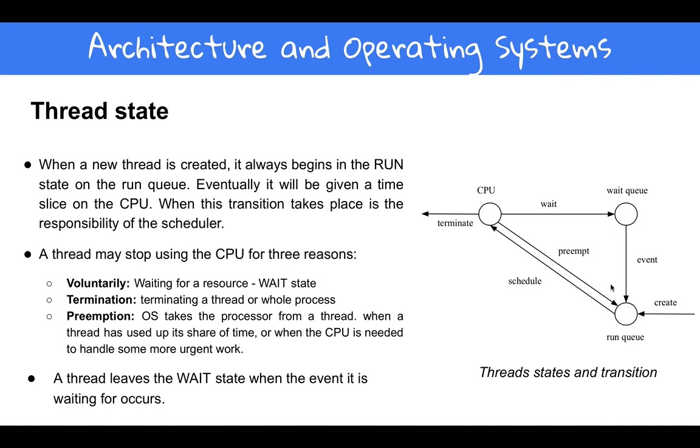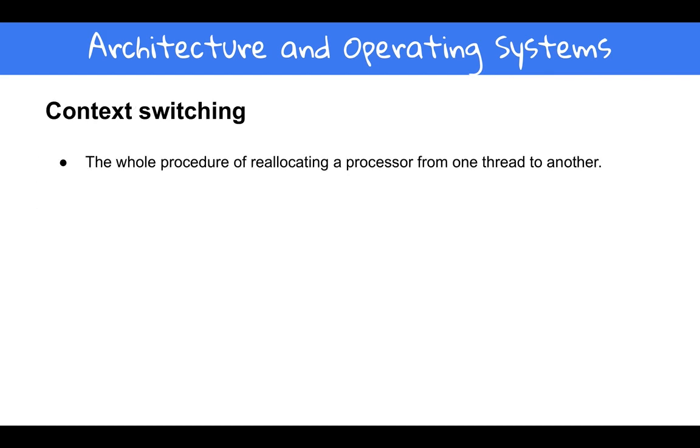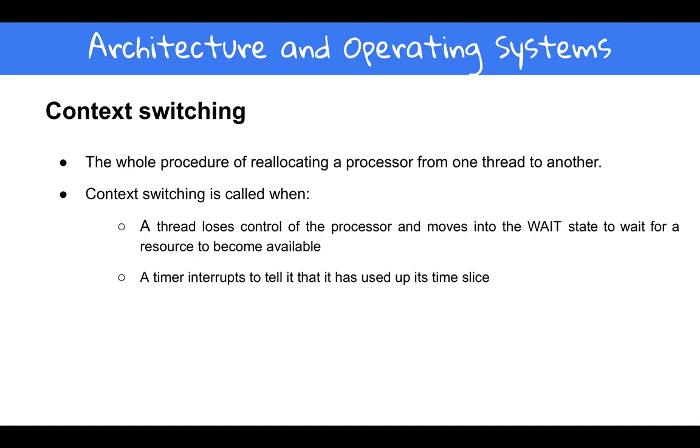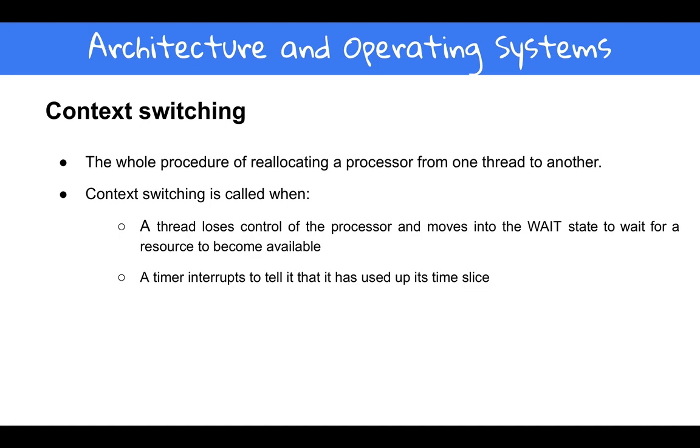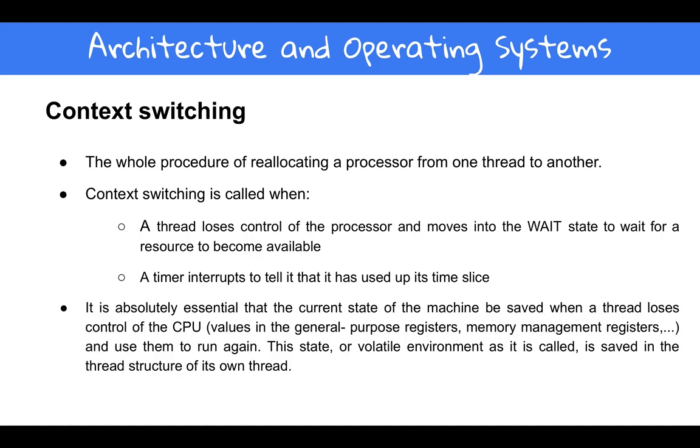Context switching happens here; it switches the context from run to wait. Or a timer interrupt tells it that it has used up its time slice. The time has been used up for a process, and you've got to change. You go back, or preempt, go back to the run queue and run again. So at these two times, context switching happens.